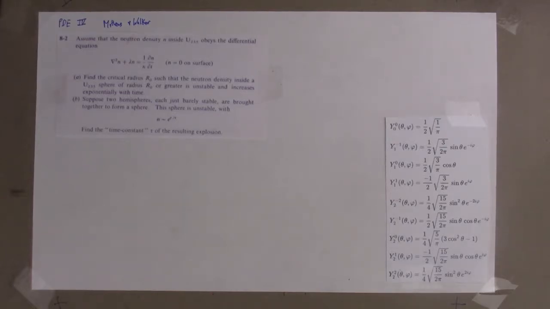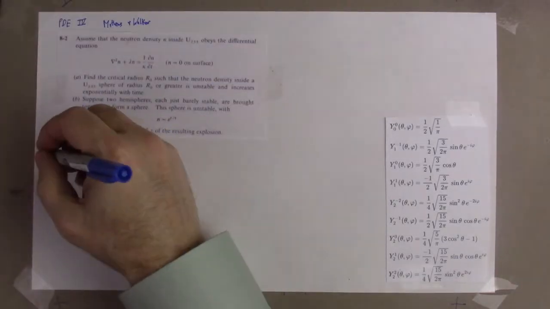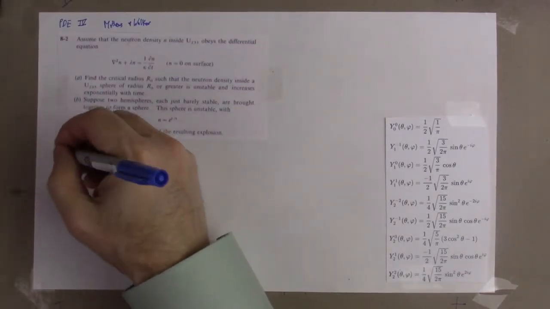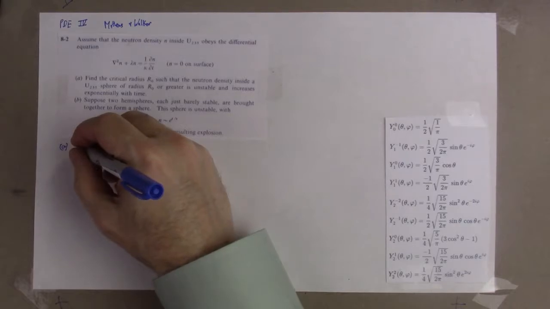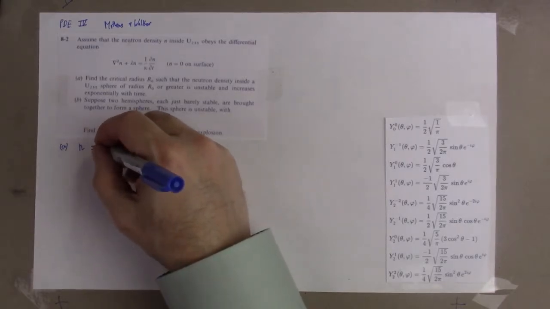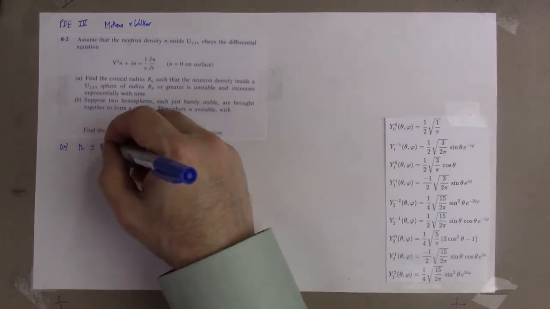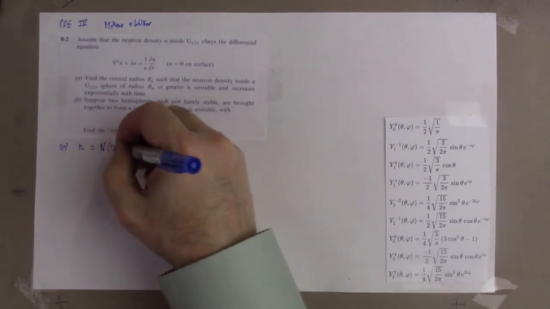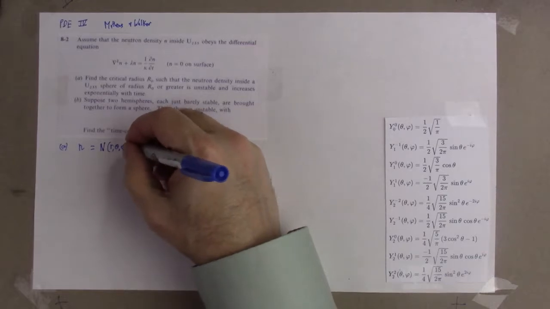So let's start with part A and using our usual separation of variables technique, and let's write n as being equal to capital N of r, theta, phi times T of t. So this is the time function and this is the spatial function.